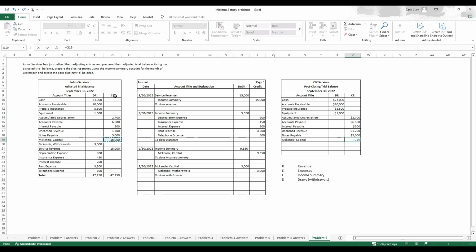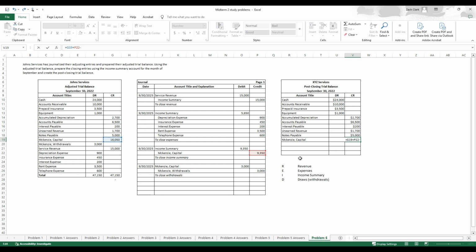So here's our starting point. It's a credit beginning balance, and then let's just go over to our closing entry and adjust it for these journal entries. So we started with our credit. Now here it's being credited, so that's going to add to that credit balance. And so we're going to start there, plus 93.50, credit plus credit, and then we're going to debit for the draws, which is going to reduce our credit balance.